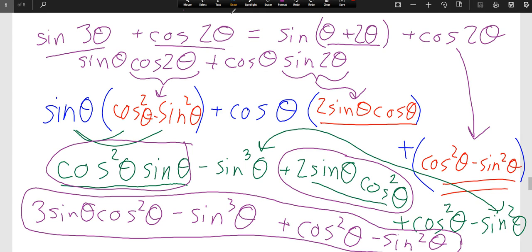Then you can see that I took this part right here, and that's down here, and the cosine 2 theta, you can see I substituted that in the red. You can follow through the rest of this proof all the way down to the purple at the bottom. Whew, man, good question, but tough. Don't think I'd see that on a test.